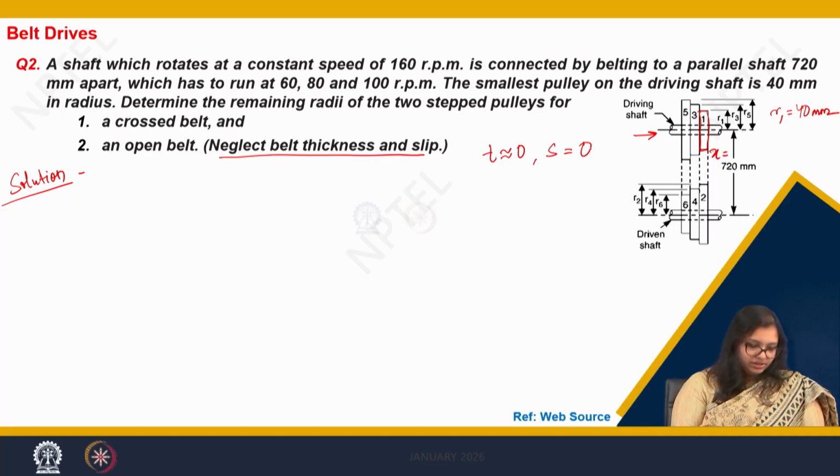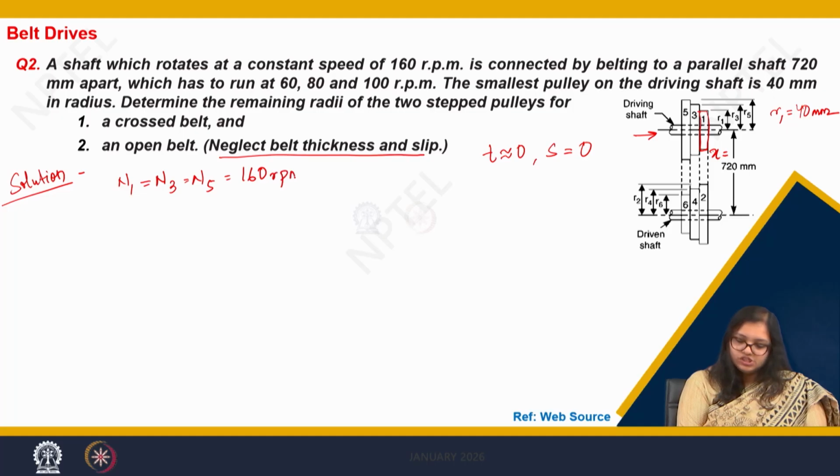So here my N1, which is equal to N3, which is equal to N5, is given as 160 RPM.